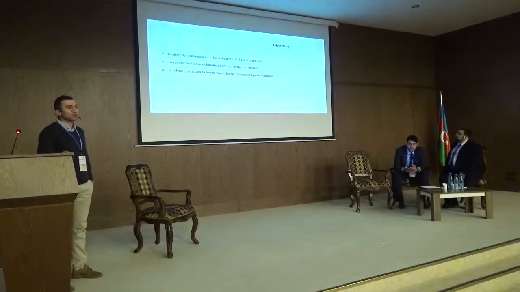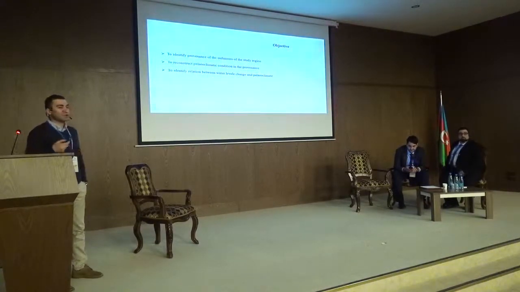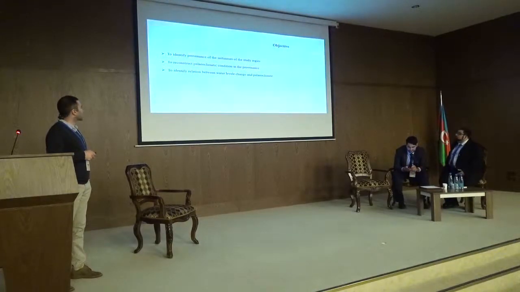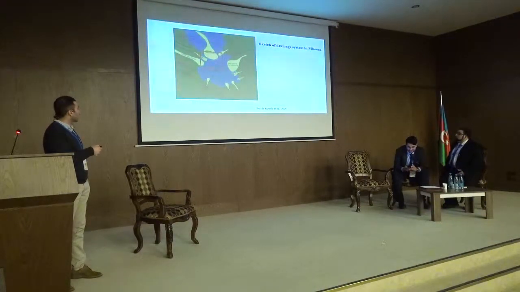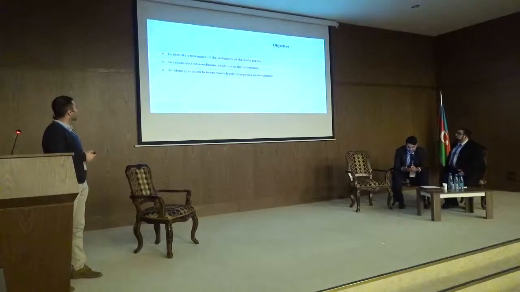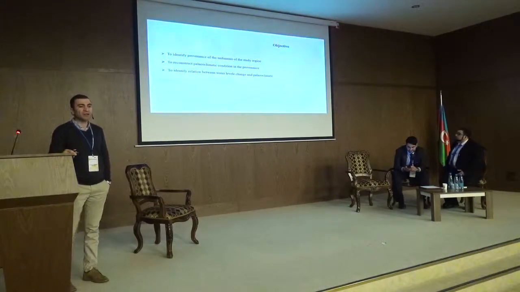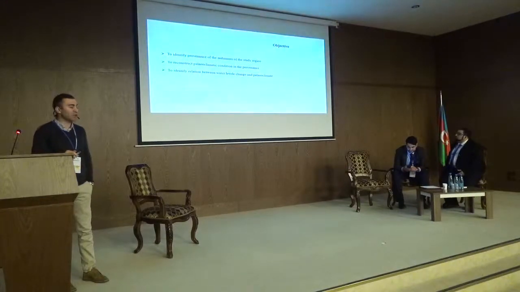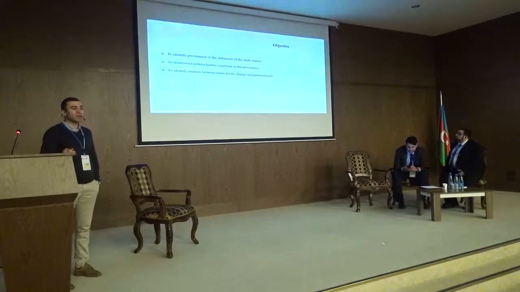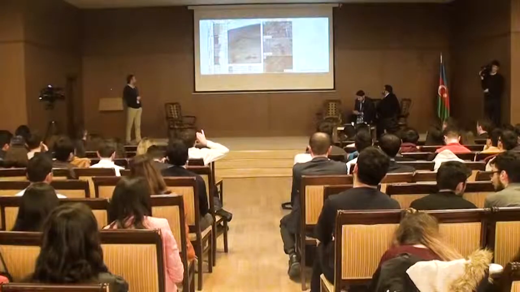So the goal of our research is to identify the provenance, because for us it's important to know where our sediments came from. And after knowing the origin, the provenance of the sediments, we can talk about the climate. And also we would like to identify a relation between climate change and water level in the Eastern Paratethys Sea.